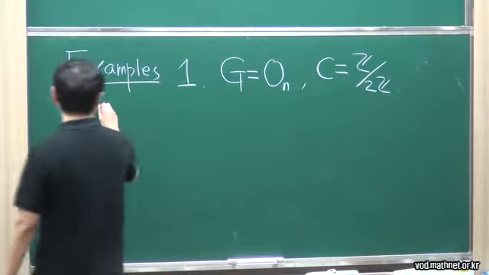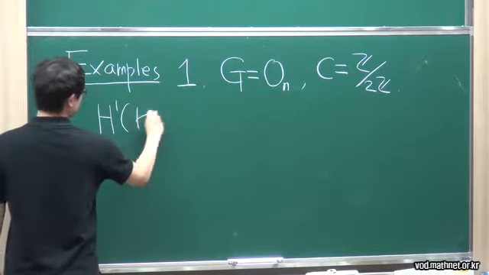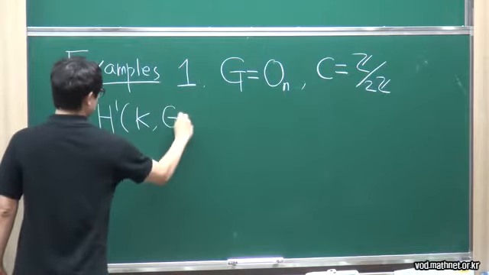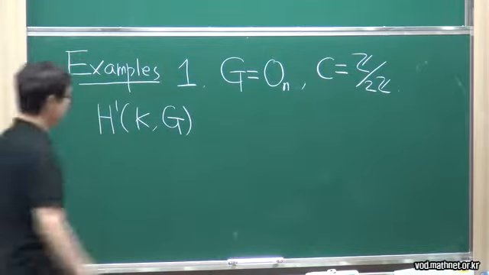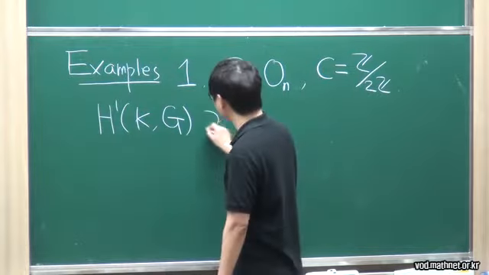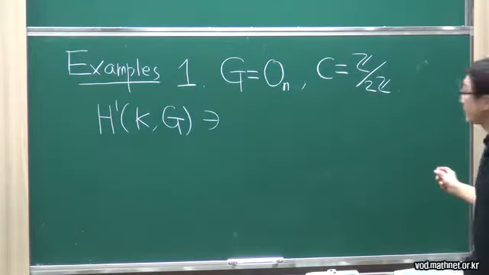Then any element in our principal homogeneous space, or G-torsors, can be identified with a non-degenerate quadratic form of rank n.